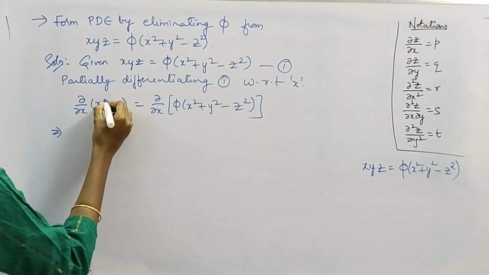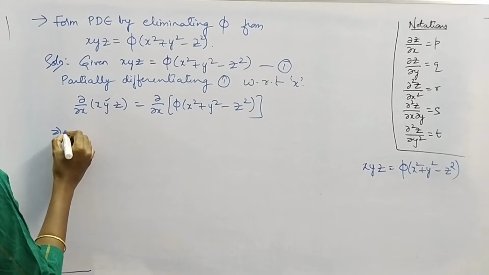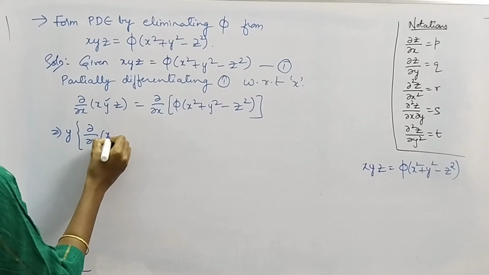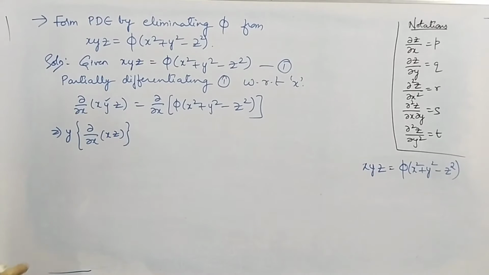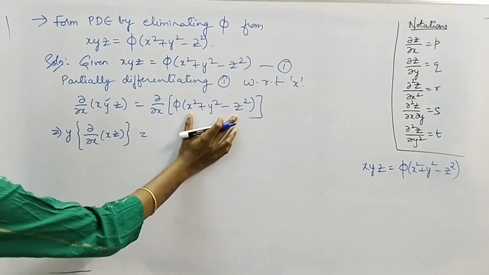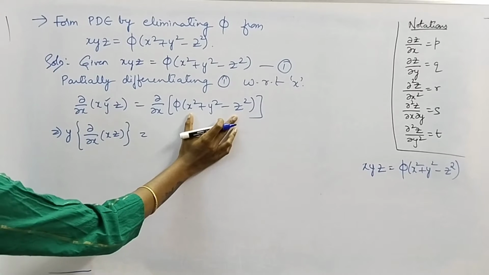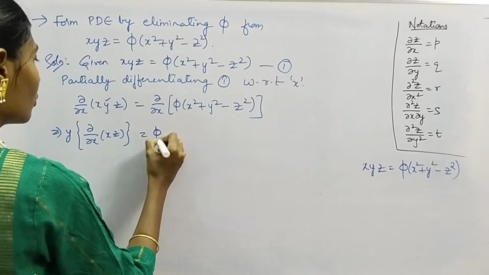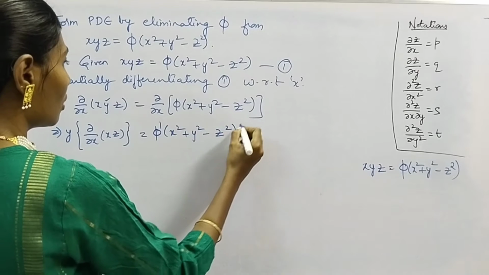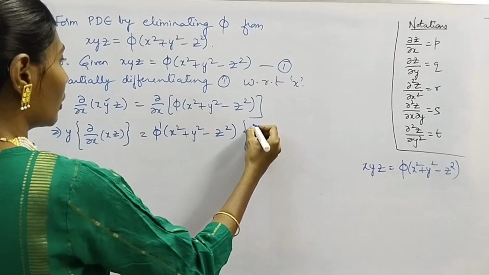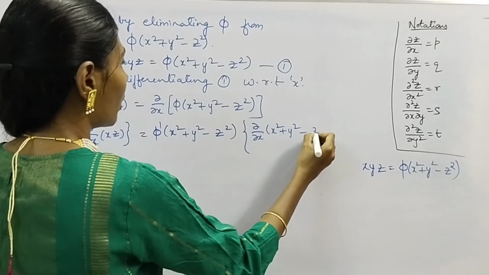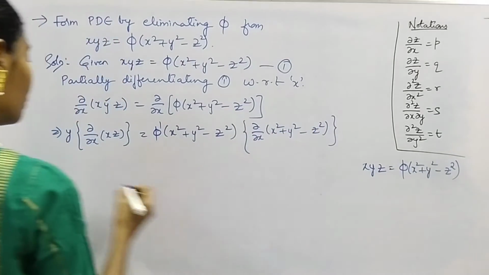Since we are partially differentiating with respect to x, we'll treat y as constant here. This gives us, here y is constant, right? So we'll write this term as y into the partial derivative of uv equal to the partial derivative of phi of x square plus y square minus z square with respect to x, which is phi dash of x square plus y square minus z square into the inner derivative, that is dou by dou x of x square plus y square minus z square.